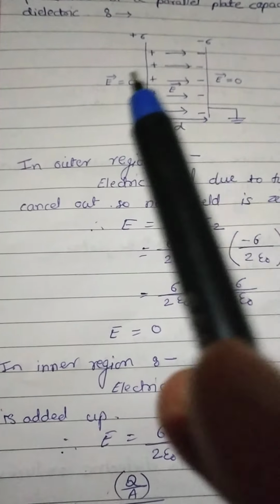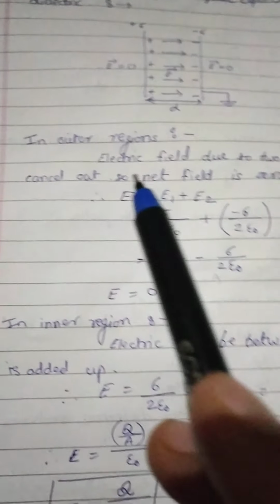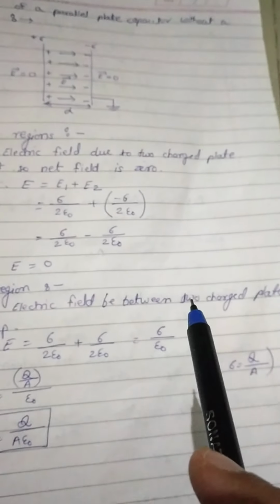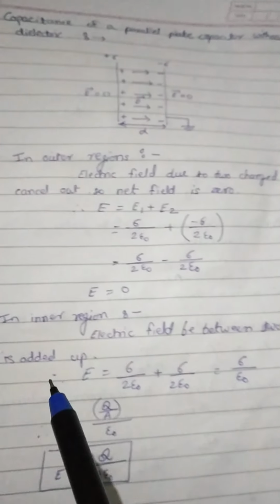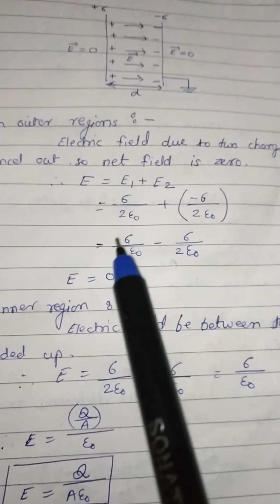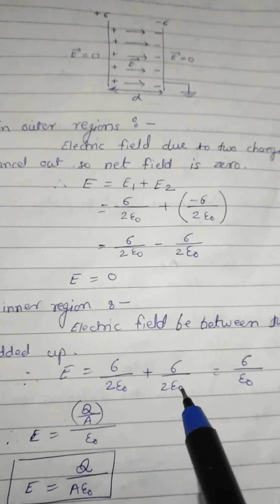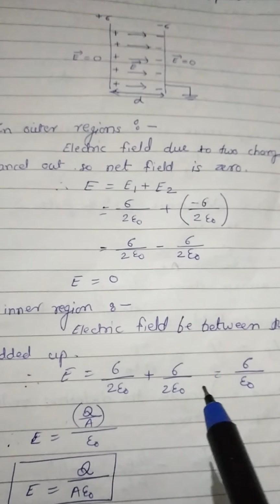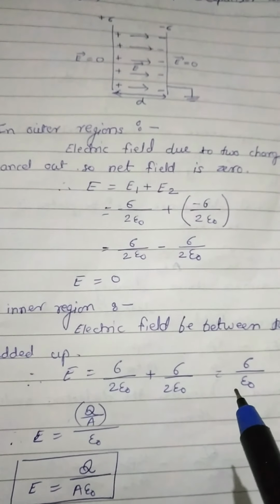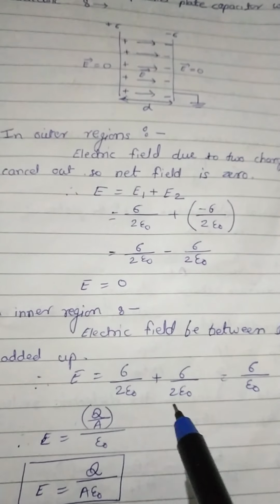Now in the inner region, the electric fields between the two charged plates add up. So E is equal to sigma upon 2 epsilon naught plus sigma upon 2 epsilon naught, which is sigma upon epsilon naught, because the 2s cancel out.